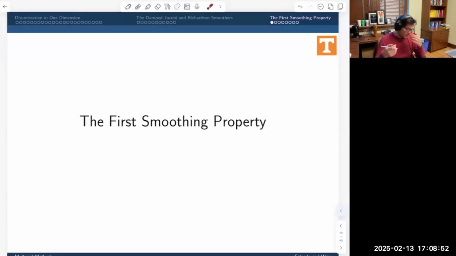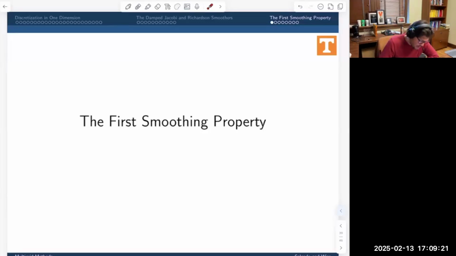Remember, multigrid methods basically need some kind of Galerkin condition, or at least some understanding of how the Galerkin condition gets broken, we need a smoothing property, and we need an approximation property. Those are the big three we need to establish.